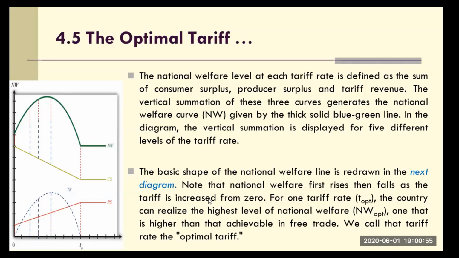Note that national welfare first rises, then falls, as the tariff is increased from zero. At one tariff rate, the optimum tariff, T-opt, the country can realize the highest level of national welfare, one that is higher than that achievable in free trade. We call that tariff the optimal tariff.